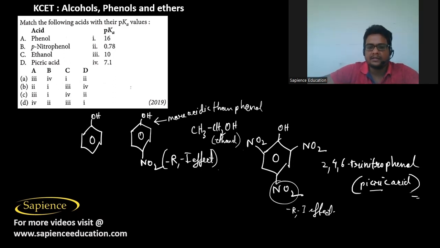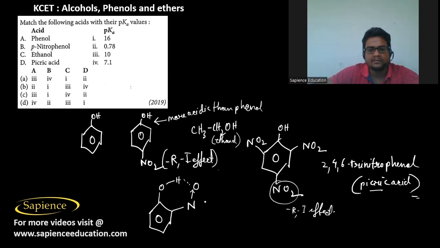Now here, in case of picric acid, even though three NO2 groups are attached, here we have intramolecular hydrogen bonding with this hydrogen. There will be a hydrogen bond here.